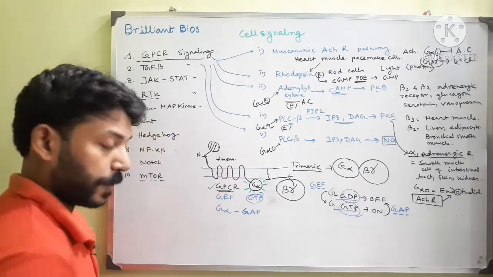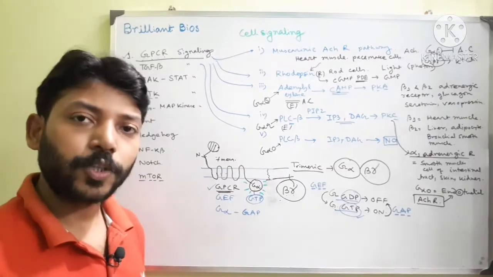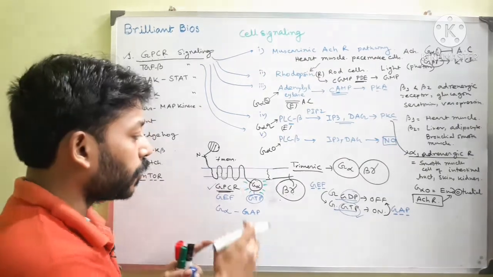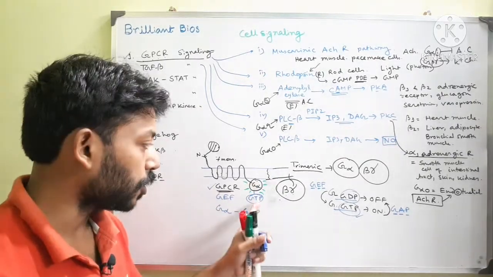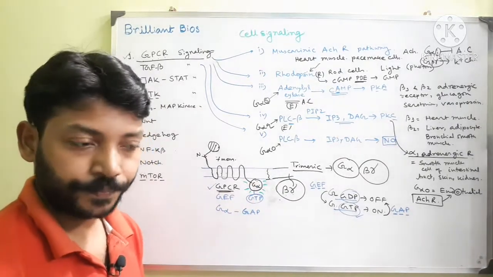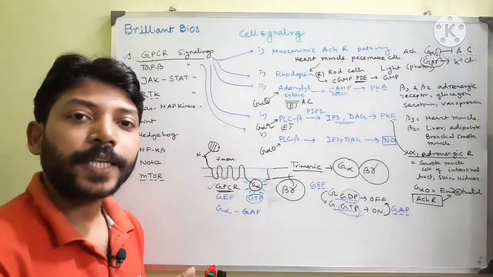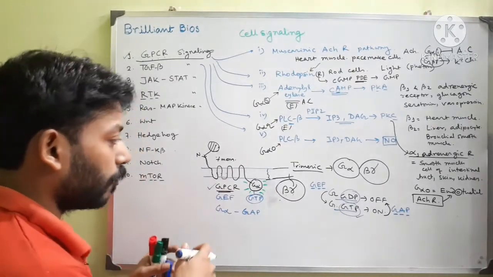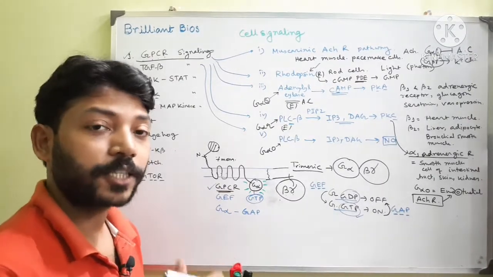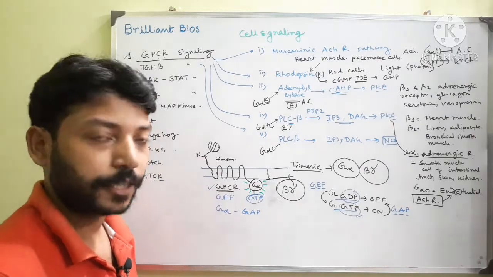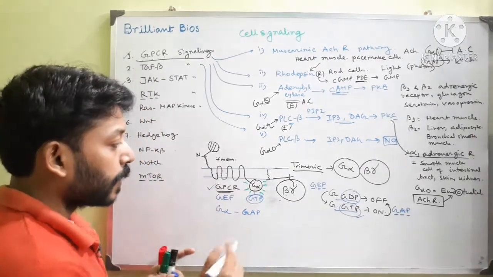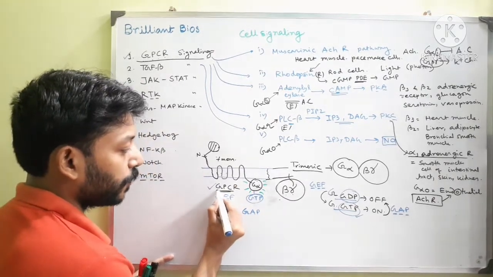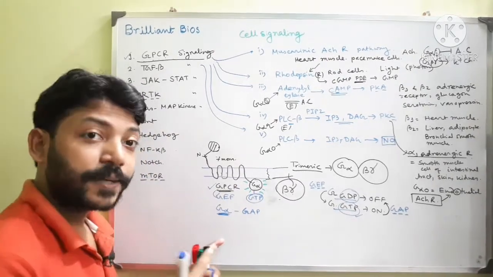GTPase activating property. And sometimes it occurs that the hydrolysis rate of this G alpha protein to break down this GTP to GDP is low. So another GAP protein facilitates this hydrolysis, so that the G alpha protein GTP breaks down faster. I am telling you again, the GTPase activity: I mentioned here that the GEF is the GPCR, and the G alpha protein has an intrinsic property.